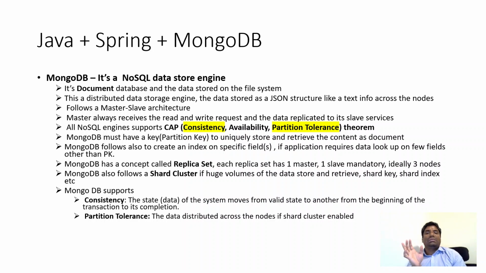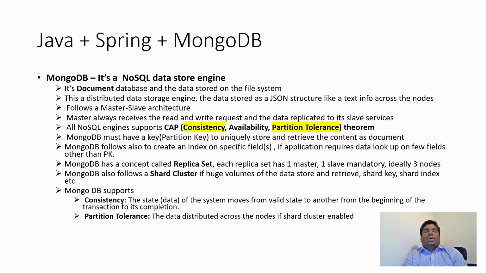The metadata will be maintained at some place called config servers. I'll give you a little more detail, don't worry about it. This structure we call JSON. You can see here JSON, nothing but JavaScript Object Notation.